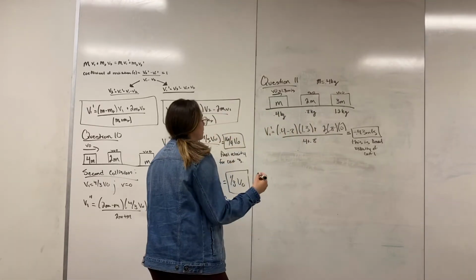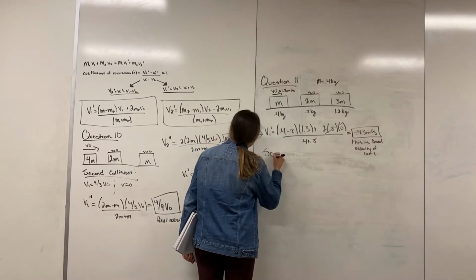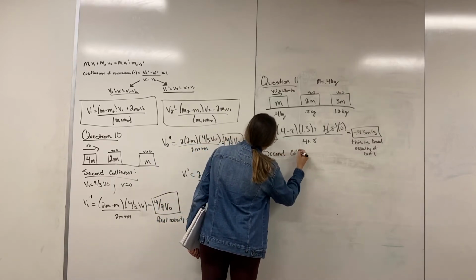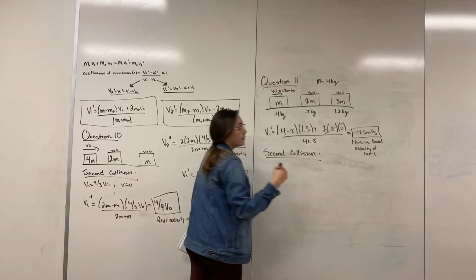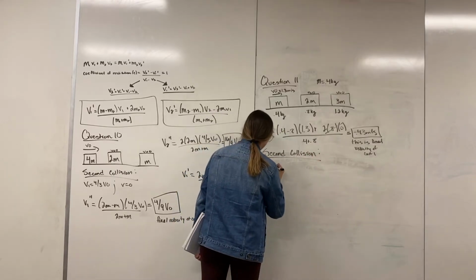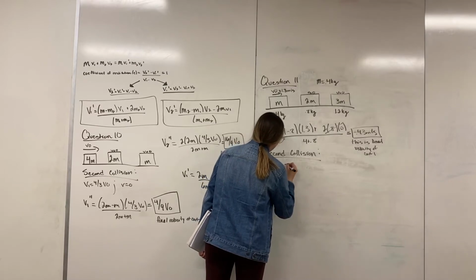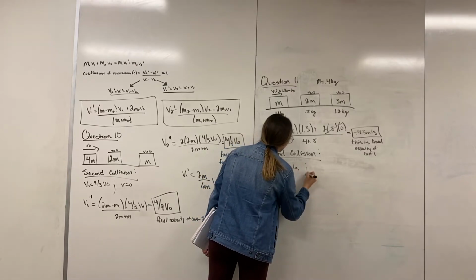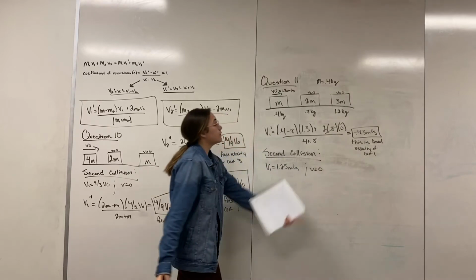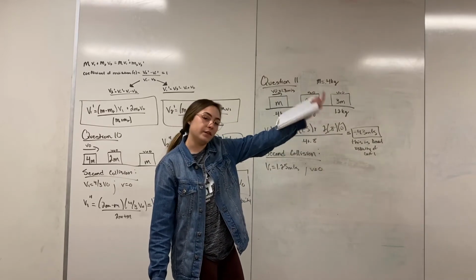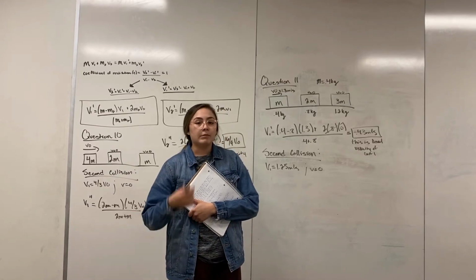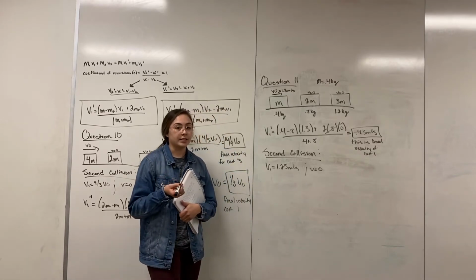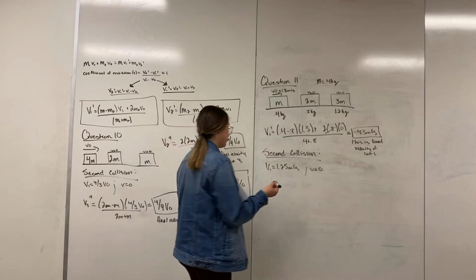And we're going to say that for the second collision, V1 equals 1.25 meters per second, VO equals 0, because for the final third cart, VO is given that it is 0. So we're going to find V1 double prime and V2 double prime, which would be the final velocities of cart 2 and 3.